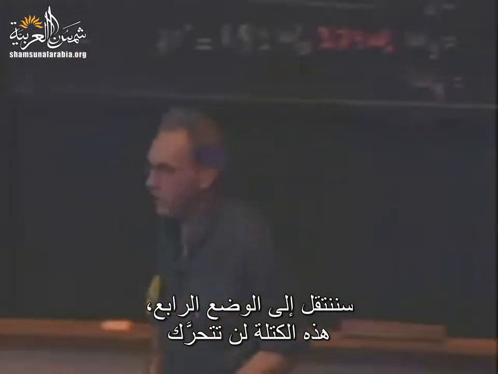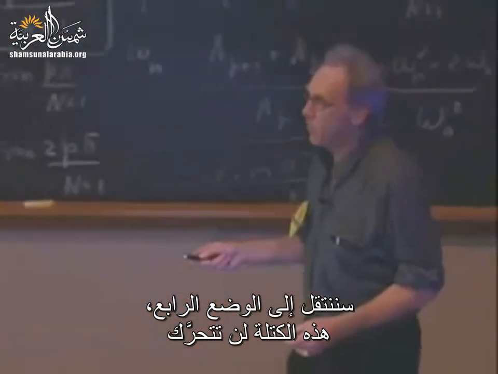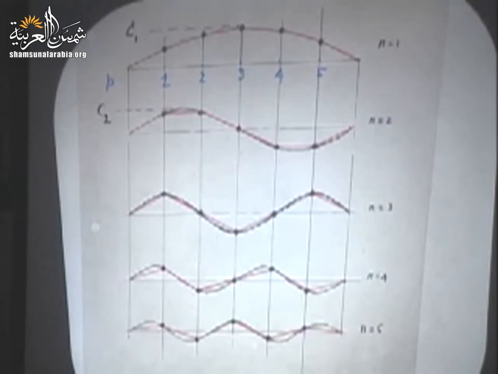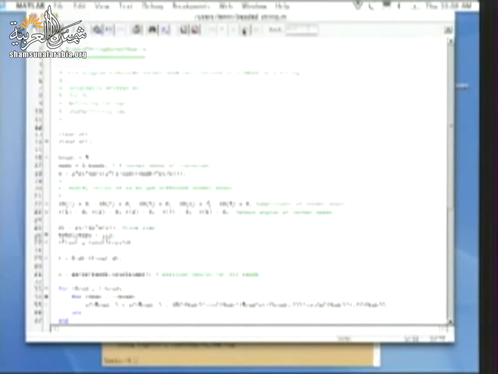Now we're going to number 4. For number 4, this one will stand still, and the others do not have the maximum amplitude of 2. So again, count. The 2.